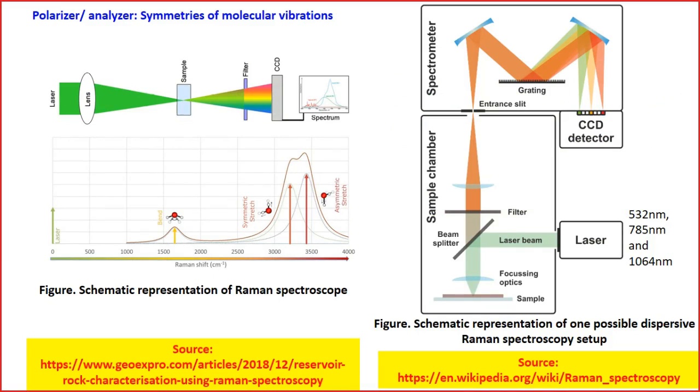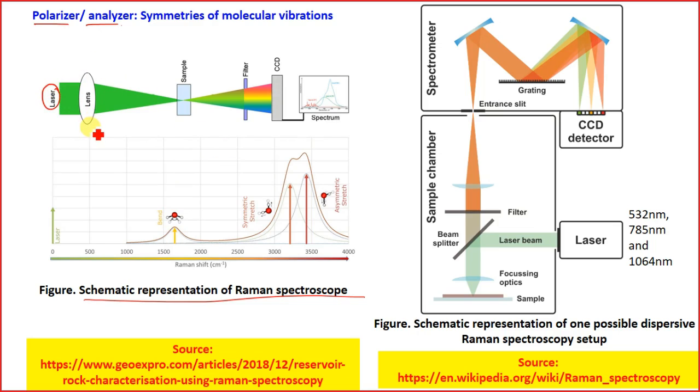Now, we were talking about the polarizer and analyzer. Sorry, we were to discuss the schematic representation of the Raman spectroscope. In the Raman spectroscope, we have a laser.